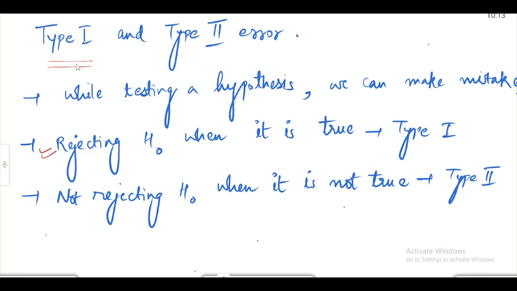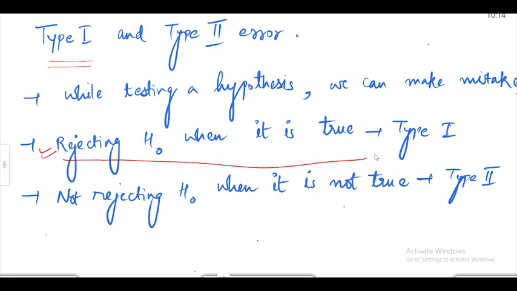Okay, but based on the evidence that you receive from the test that you have conducted, you reject the null hypothesis, which is not the right thing to do here. So that is a type 1 error. You are rejecting the null hypothesis when it is actually true.